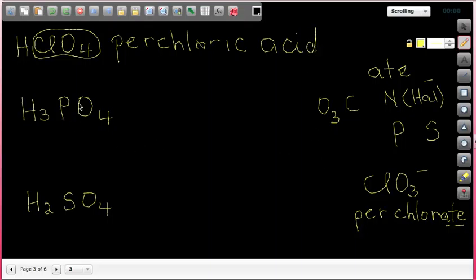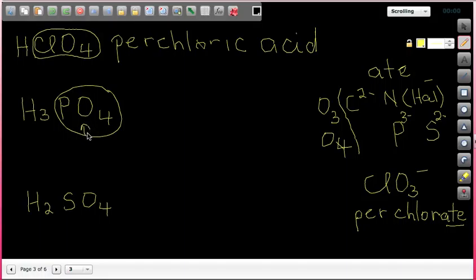Let's do H3PO4. Again, circle this, go to your rule. This is 3 minus, this is 2 minus, O4 here, this is 2 minus, and I'm just going to draw a line right over here. So PO4 3 minus is phosphate. So this piece here is phosphate.